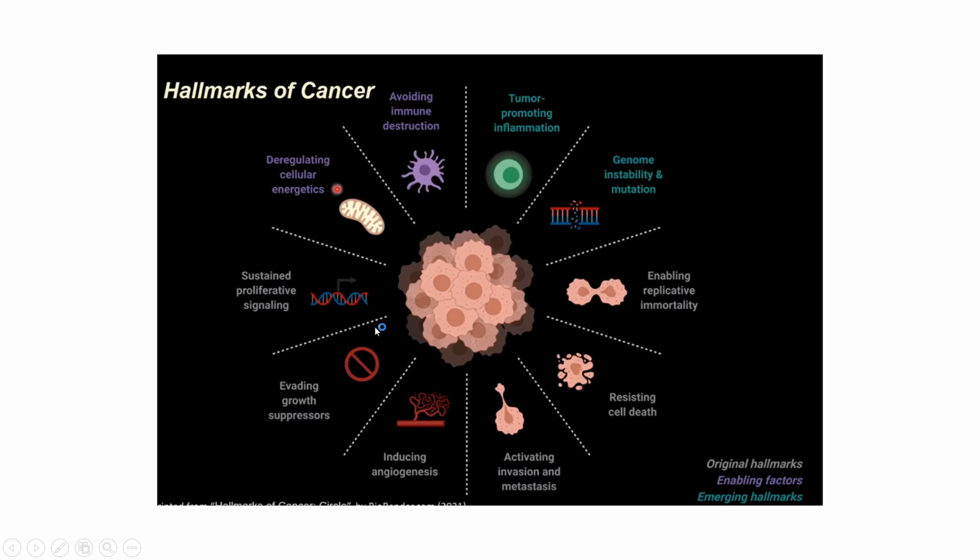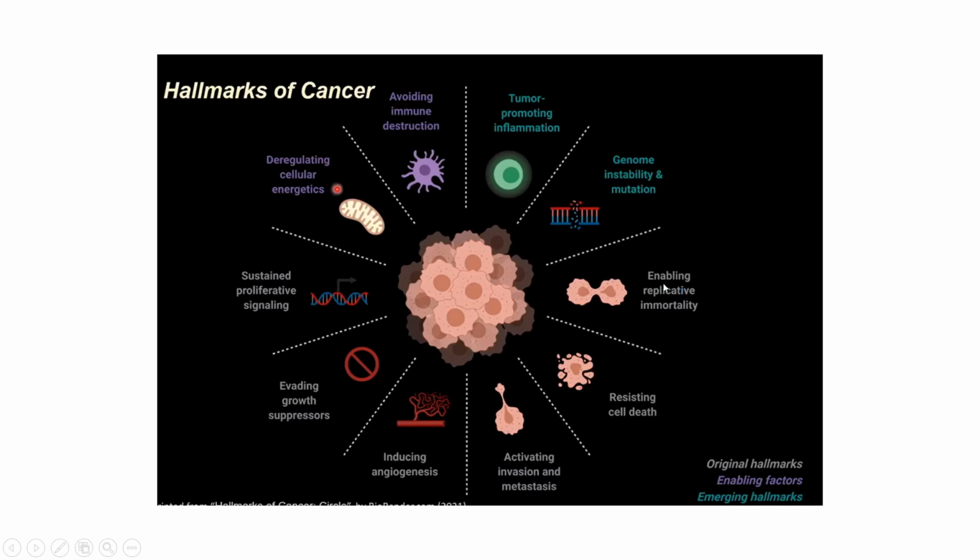So this is the summarized view of the hallmarks of cancer. What are the different conditions present inside the cancer cell which help in the promotion of cancer cell and proliferation. So there will be genomic instability and mutation.